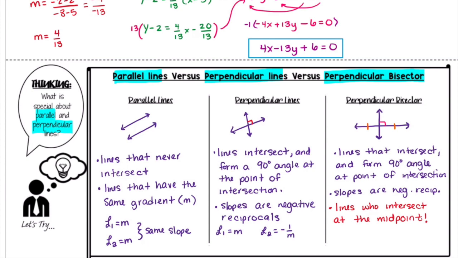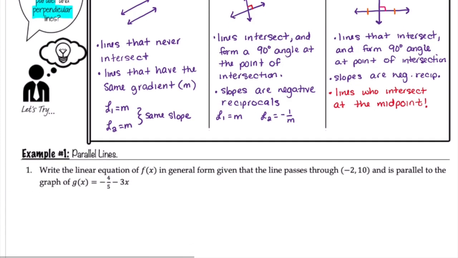So super important: these types of lines do intersect and they intersect at the midpoint. So let's try some of these problems out.